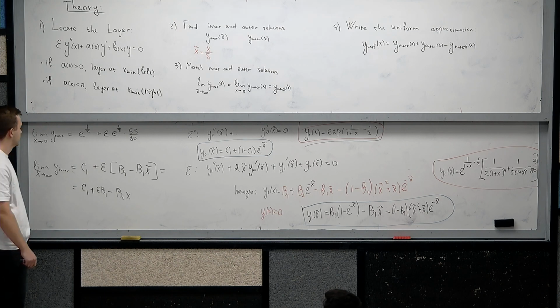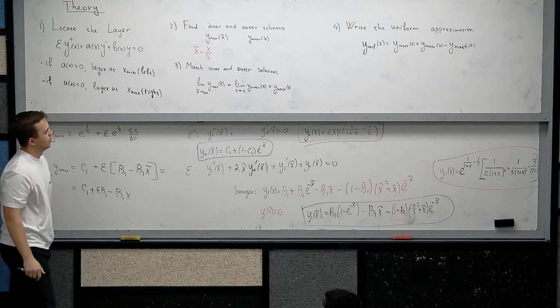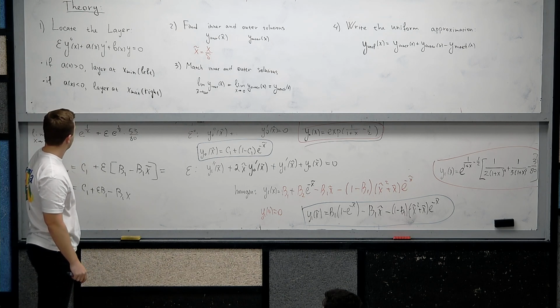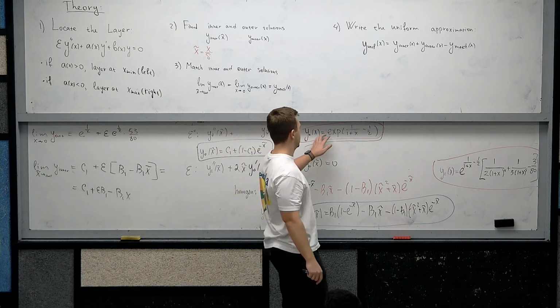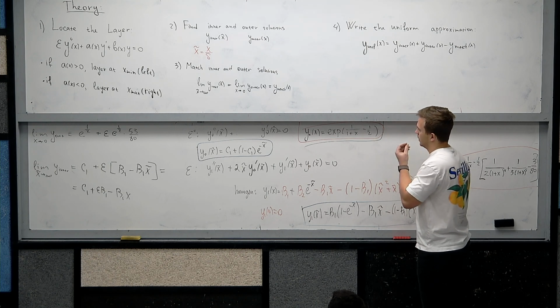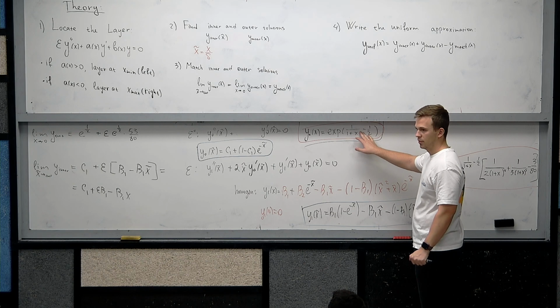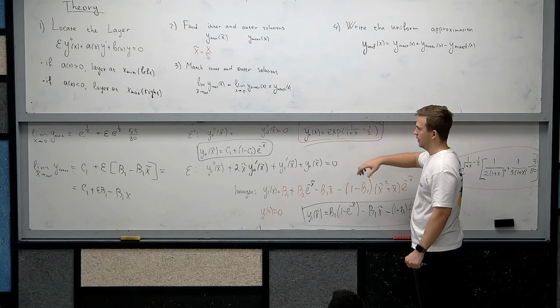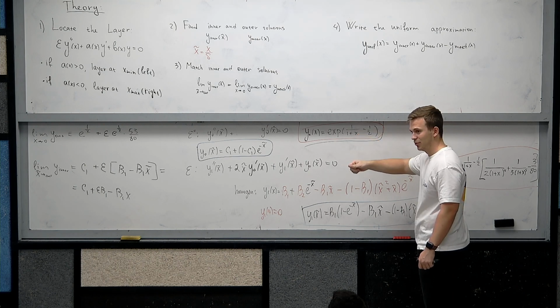We need to correct this term. How? Let's look at y outer 0th order. So instead of just plugging in x equals 0, we will write the Taylor expansion of this and add the next term correction.